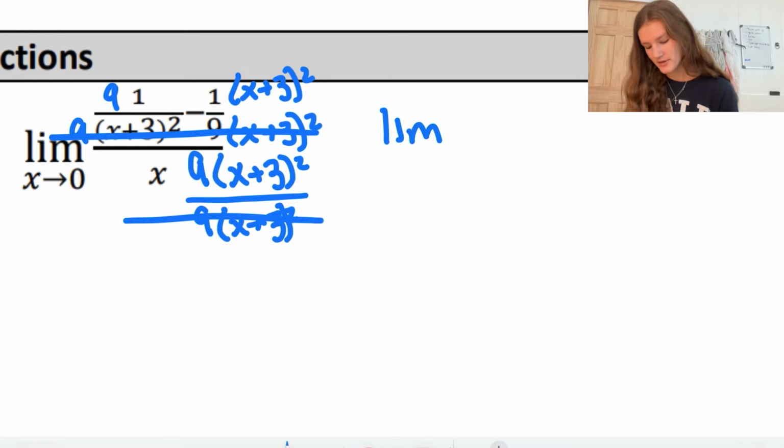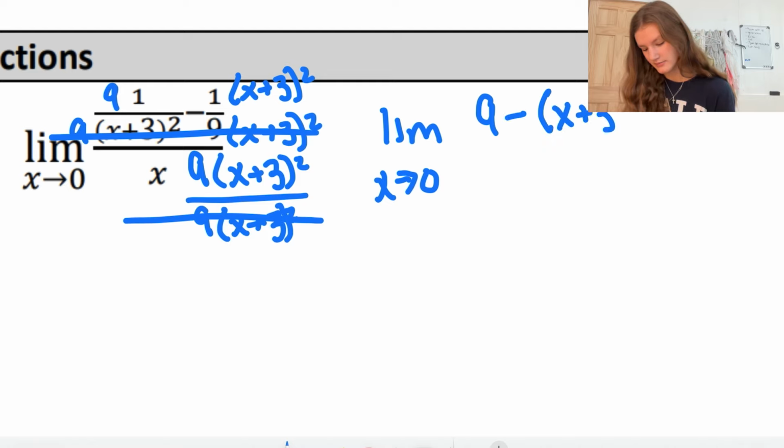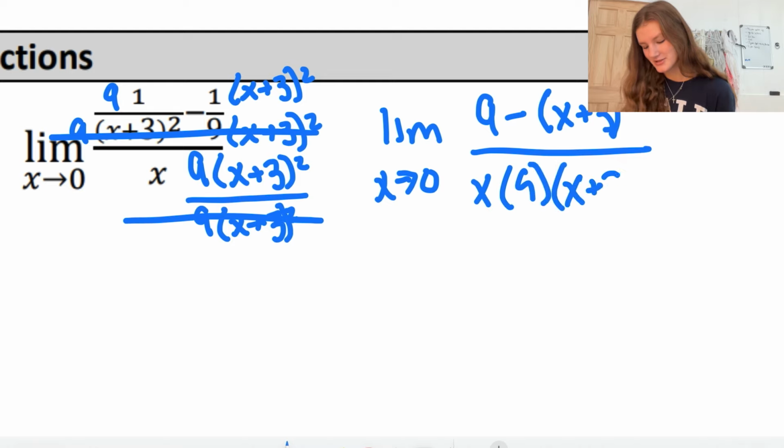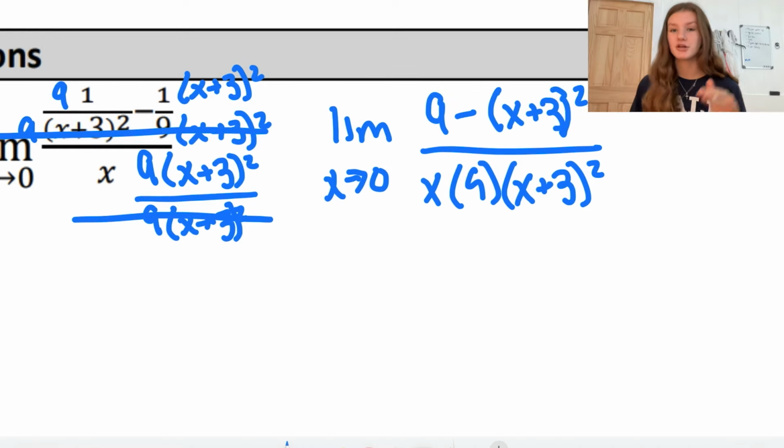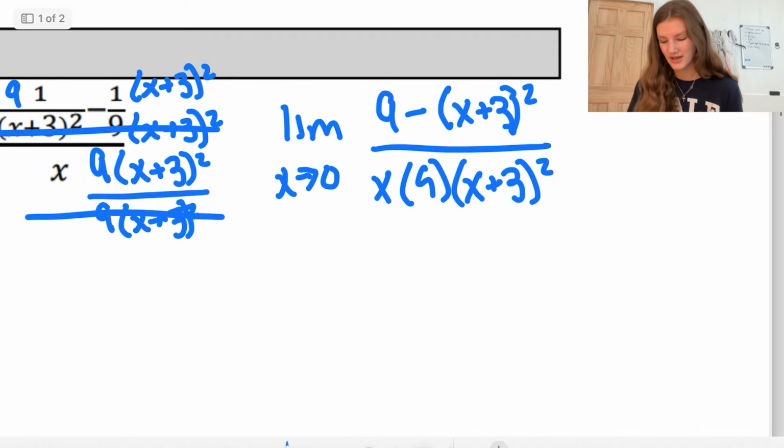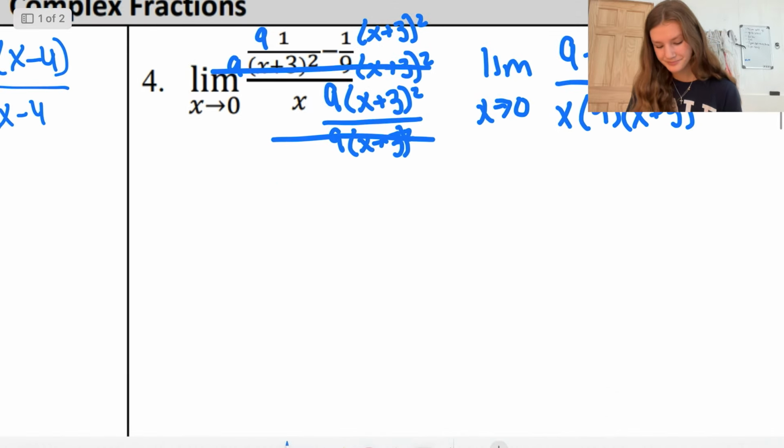Okay. Limit as x approaches 0 of 9 minus x plus 3 squared, over, bottom cancels, x times 9 times x plus 3 squared. Now, we do not want to touch the denominator, just focus on simplifying the numerator.